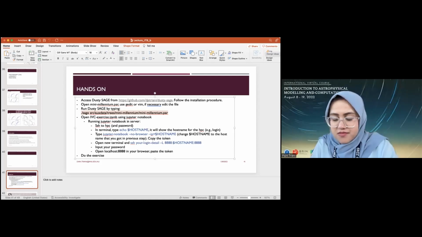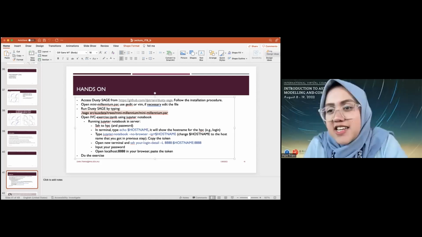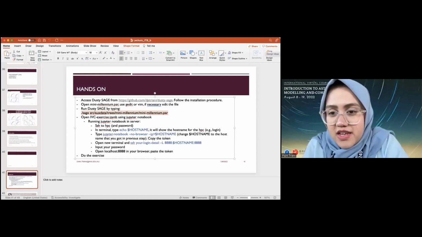This IVC exercise is in which folder? The analysis. In the analysis, yes. You need to git pull because I just renewed the version.